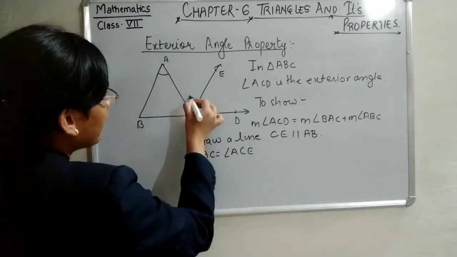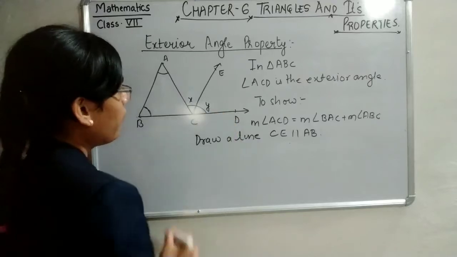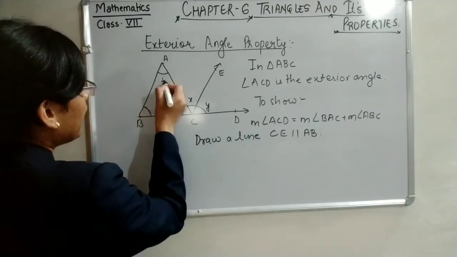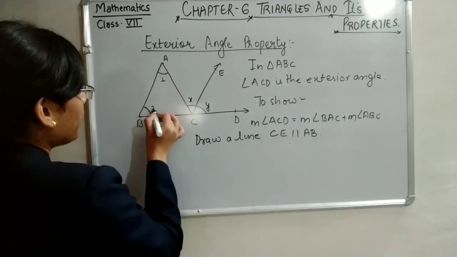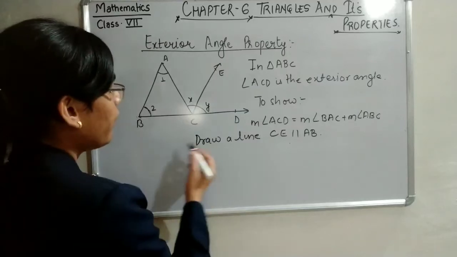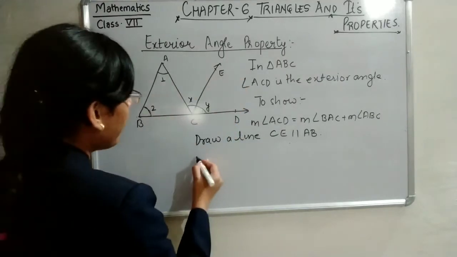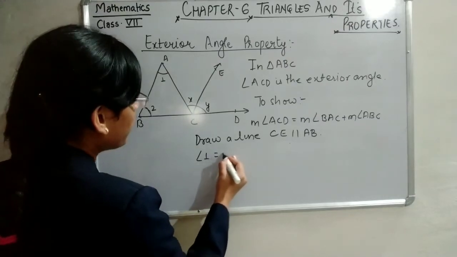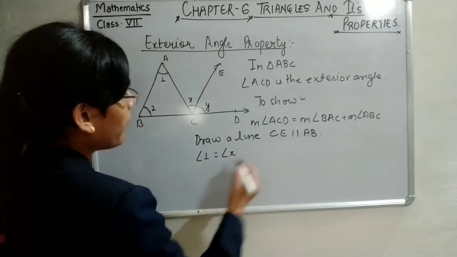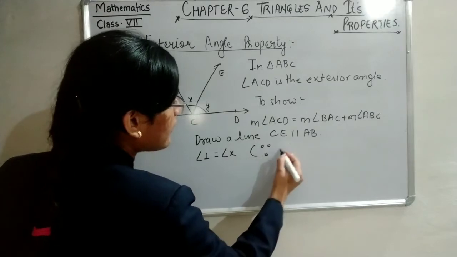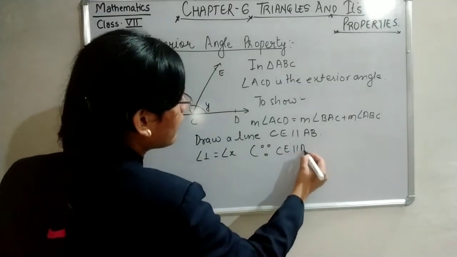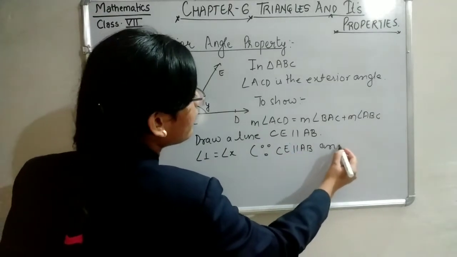We will name this angle as angle X and angle Y. We will name the angle A as 1 and angle B as 2. So when we have drawn this line CE parallel to AB, we have angle 1 is equal to angle X, since CE is parallel to AB and AC is the transversal.